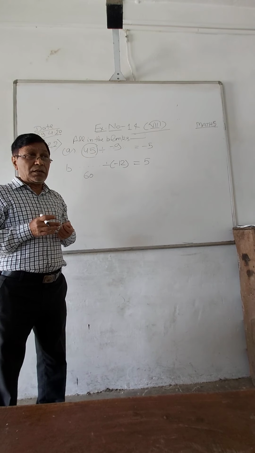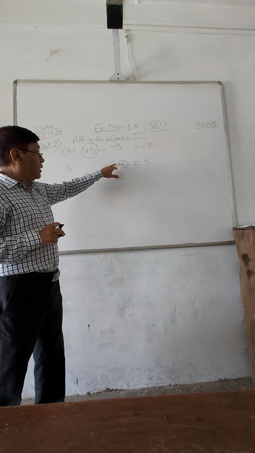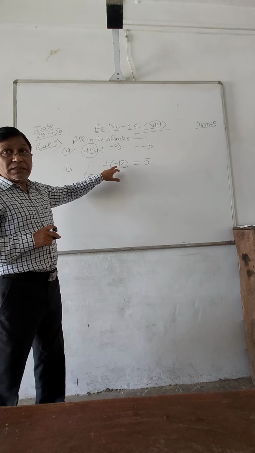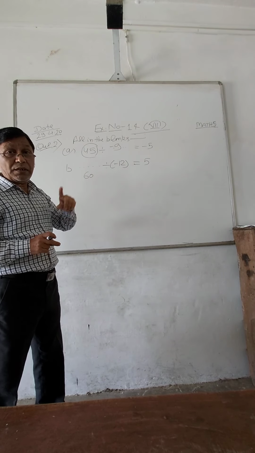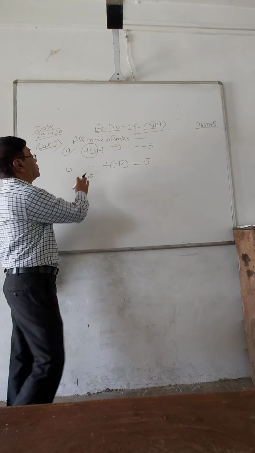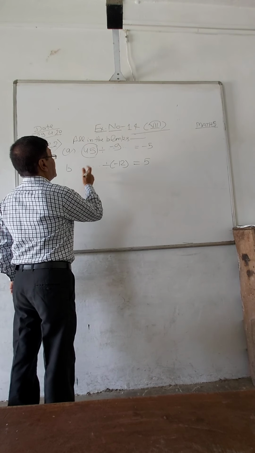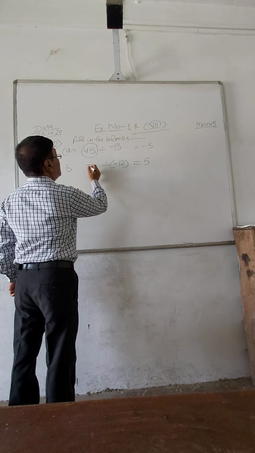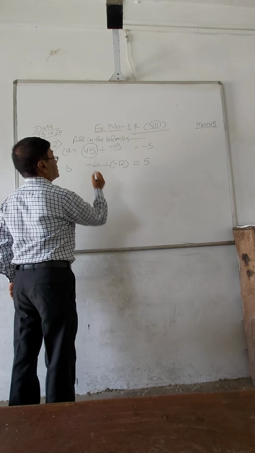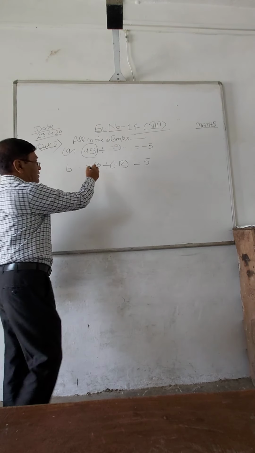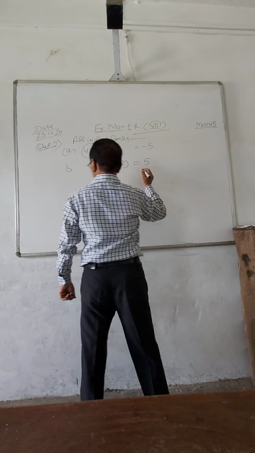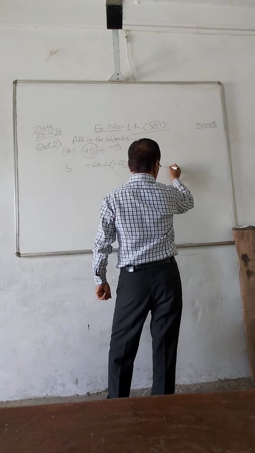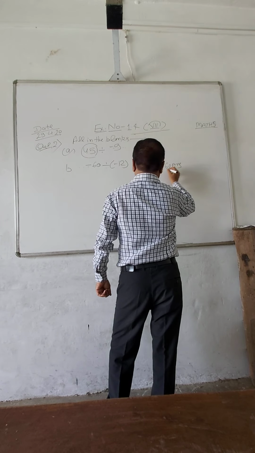So since this is negative, the other number should also be negative. So what will be the answer? Here it will come minus 60. So minus 60 is the answer of this question.